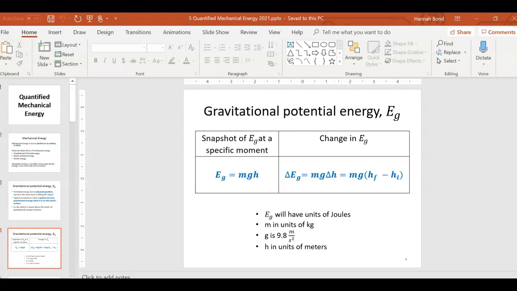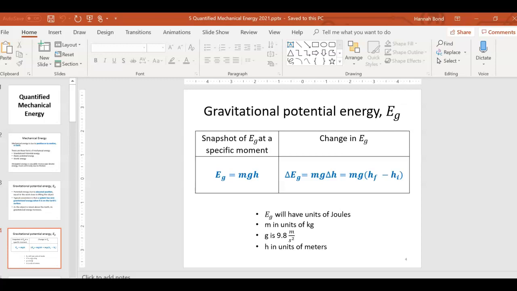So mgh gives you the gravitational potential energy at that moment. Sometimes, though, we also talk about a change in the gravitational potential energy, and that would be equal to the mass times g times the change in height. And when we talk about a change in height, we always take the final height minus the initial height.